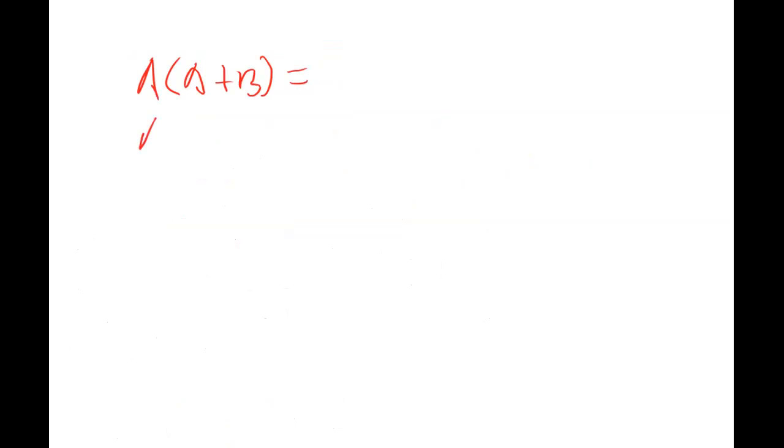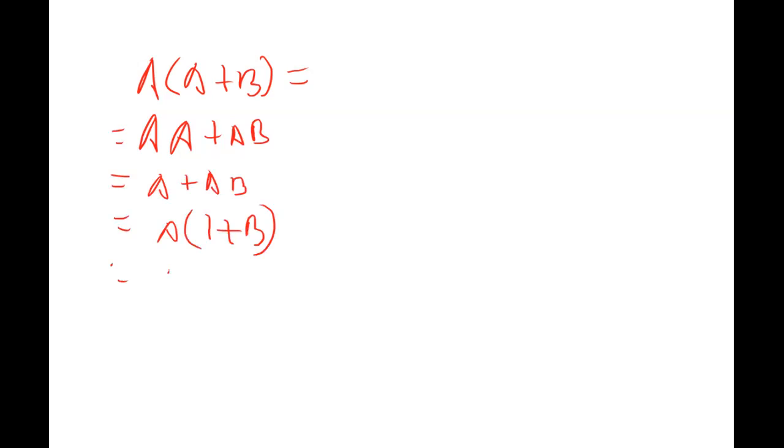Because it's equal to, using the law of absorption, A times A or AB, which must be equal to A or AB, which must be equal to A times 1 or B, which must be equal to A. They call that the law of absorption.